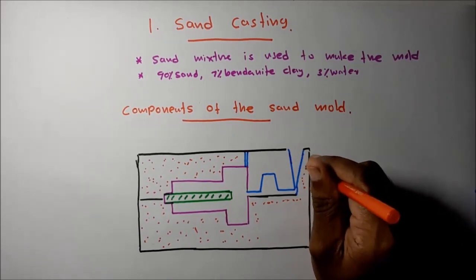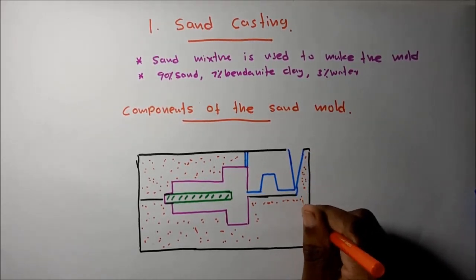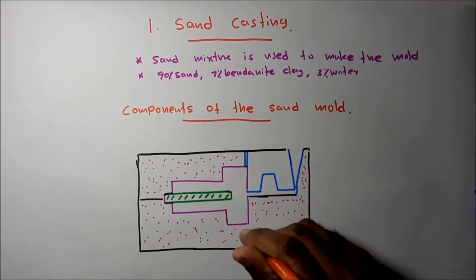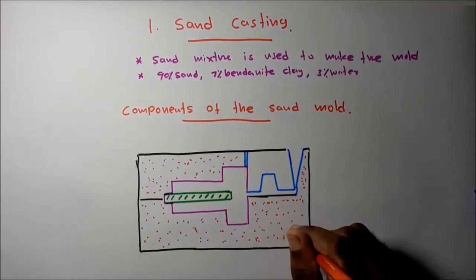By compacting the sand mixture around the pattern, this cavity area is created.